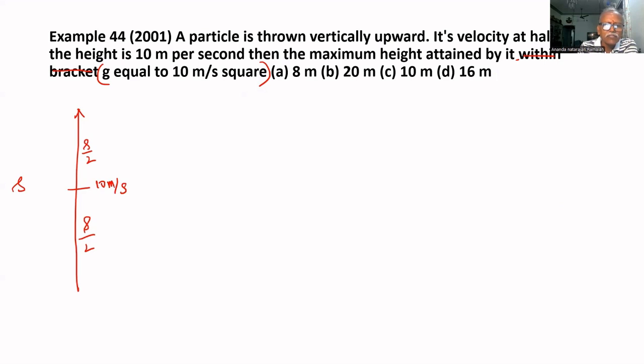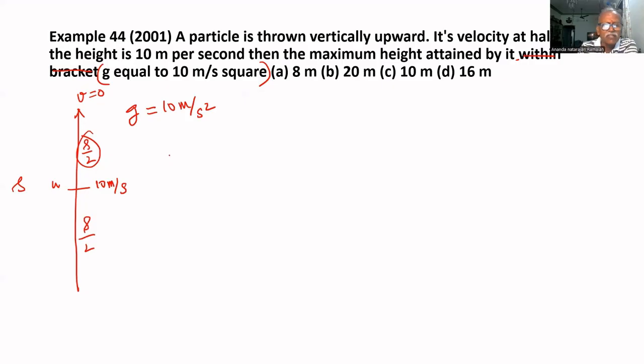So here the speed is 10 meter per second, and here v equals 0. u equals 10 meter per second. Therefore, the distance covered is s by 2. What is the formula? g is given, g equals 10 meter per second square.